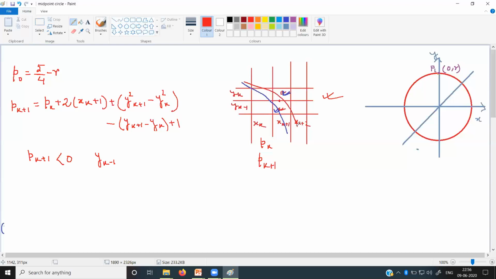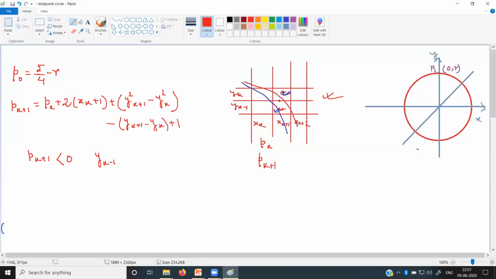Again, try to understand: for the decision parameter p of k plus 1 less than 0, if I consider the y value as k minus 1, that indicates we are considering a point which is inside the circle.